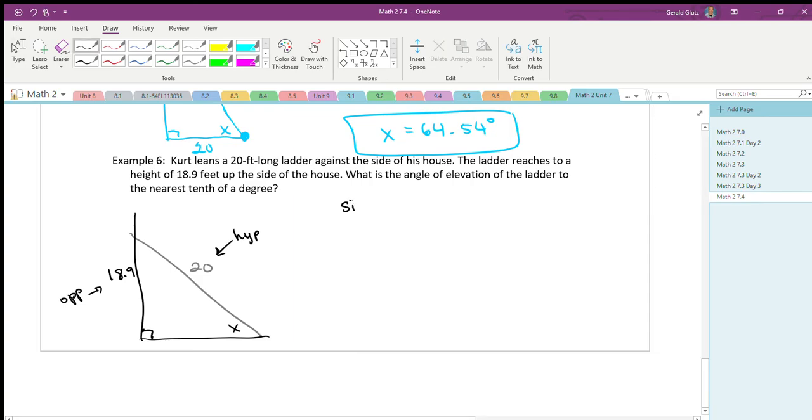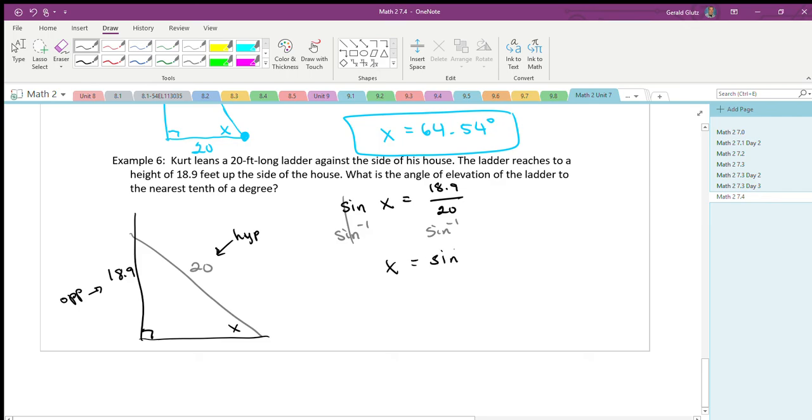So sine of the angle, so sine of x, equals the opposite over the hypotenuse. So if I want to get rid of sine, because I'm trying to get x by itself, I got to use inverse sine on both sides. So I'm left with x on the left side, which is what I want.